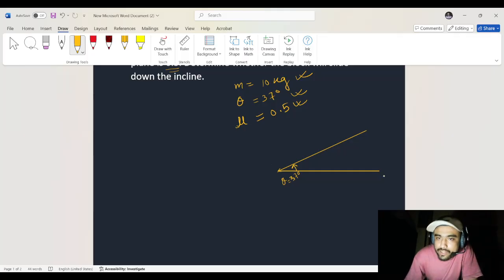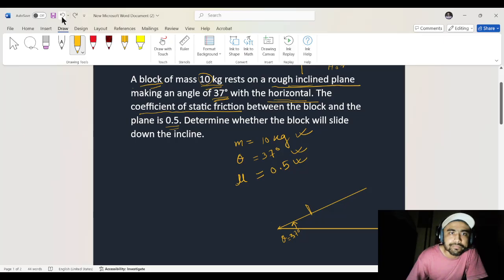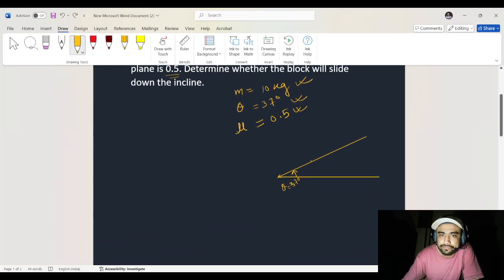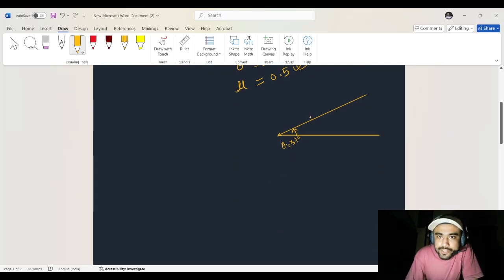Now, this is the horizontal surface, and I don't have anything to mention here. Now it is a block. Block means it will be a rectangular picture. So let me draw the block first.